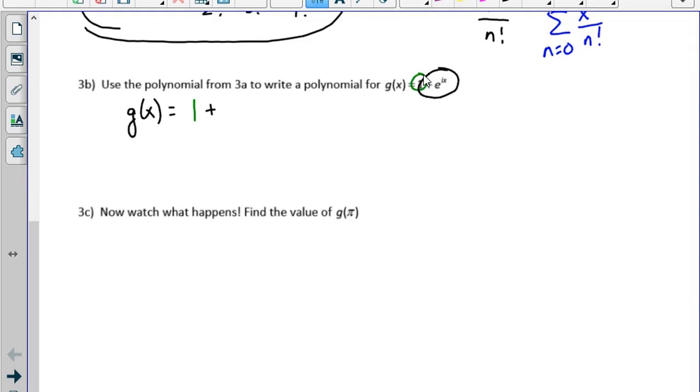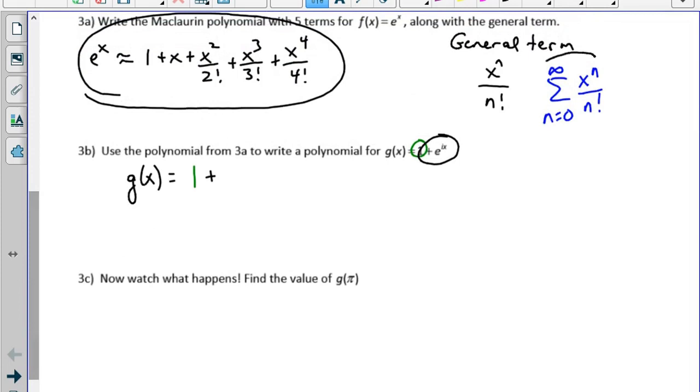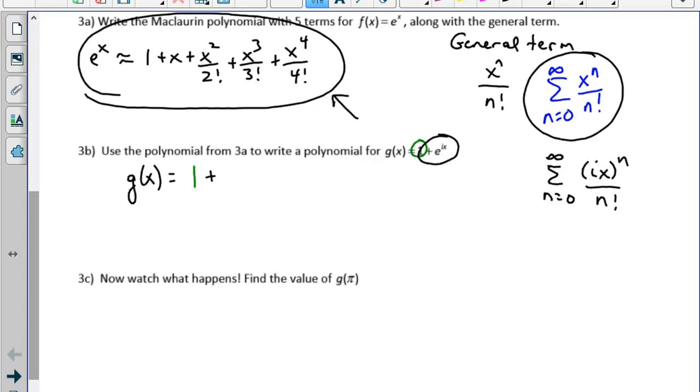So essentially I'm going to take my Maclaurin series for e to the x, and I'm going to replace x with ix. That basically means every time there's an x that shows up, an ix is going to take its place.